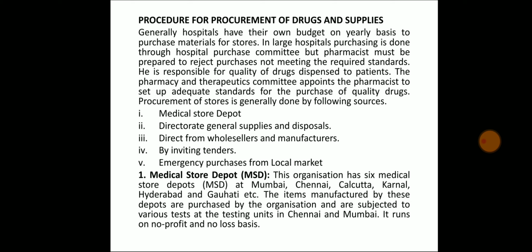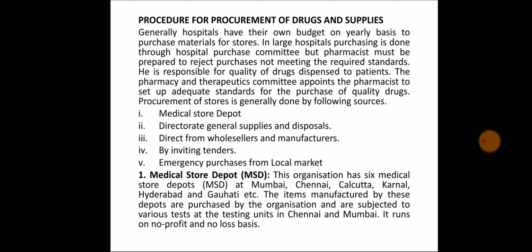He is responsible for the quality of drugs dispensed to patients. The Pharmacy and Therapeutics Committee appoints the pharmacist to set up adequate standards for the purchase of quality drugs.